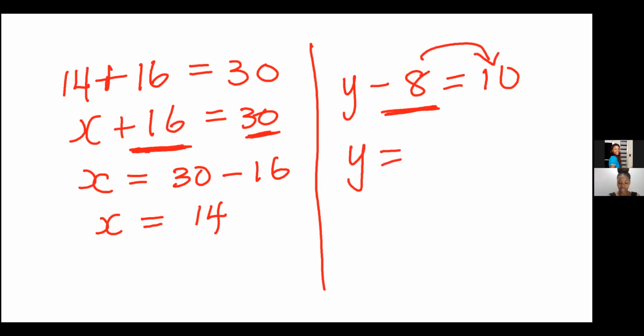So y is equal to 10. The inverse of minus 8 is add 8. So y is equal to 18. Yeah, not too bad for addition and subtraction, right? Let's try it again.